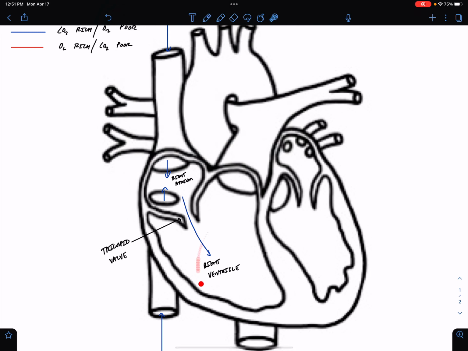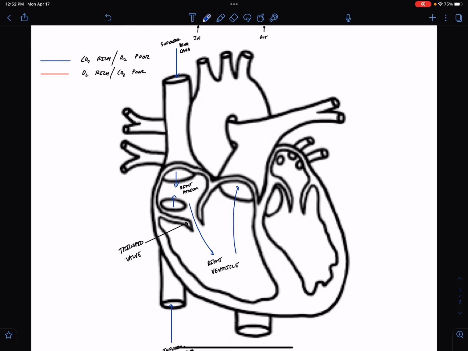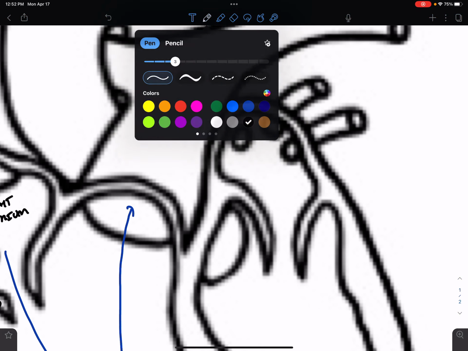So blood's going to pool in the right ventricle, and ultimately what's going to happen is that the right atrium is going to squeeze, and then the tricuspid valve is going to close. When that happens, the right ventricle is then going to squeeze, and it's going to pump blood out of the heart through another valve that you can't see here, but it's called the pulmonary valve.